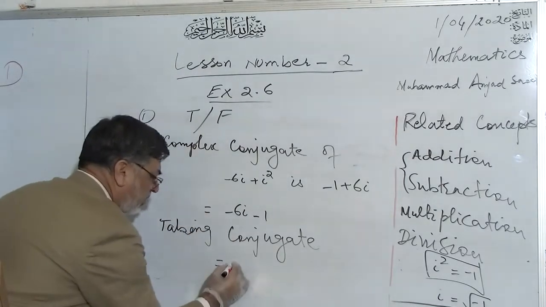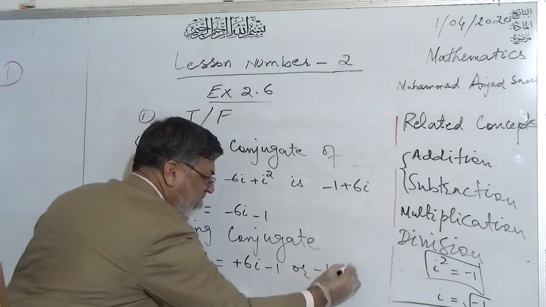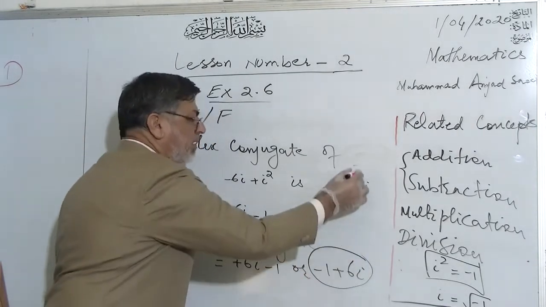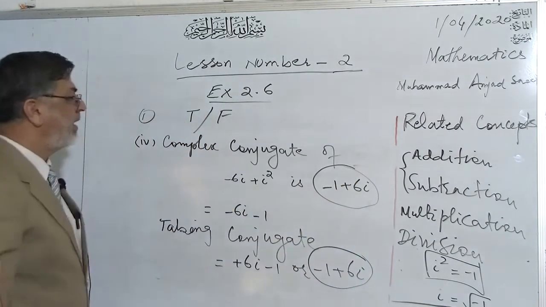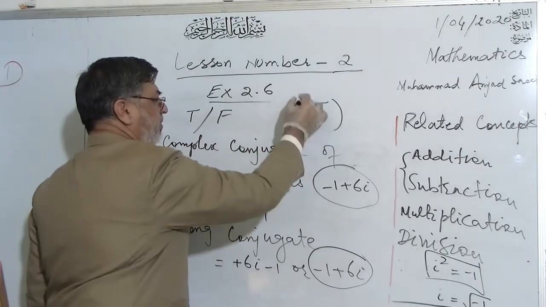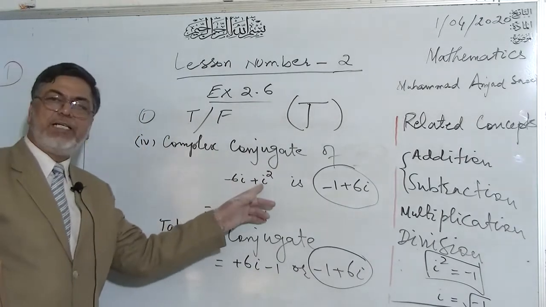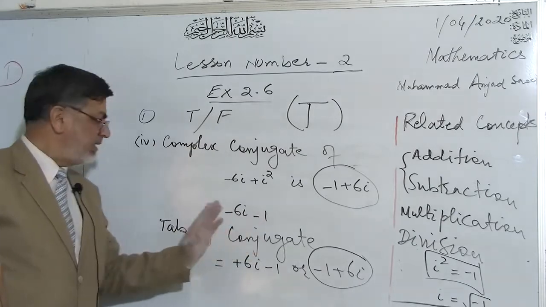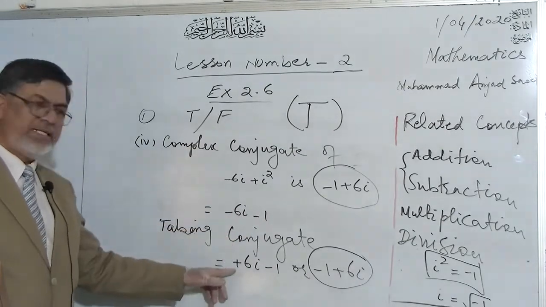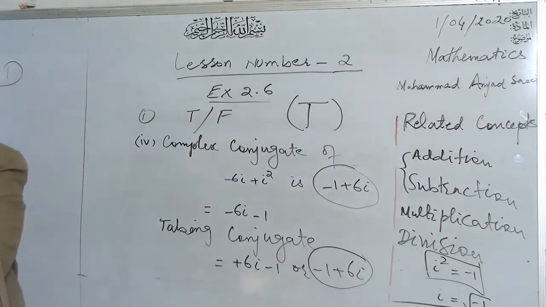That is equal to plus 6 iota minus 1, or minus 1 plus 6 iota. So you can see you got the same number. Here your answer is true. First we applied the value of iota square, then we took the conjugate, and before iota we changed the sign. And in this way you got the same number. So that is correct.